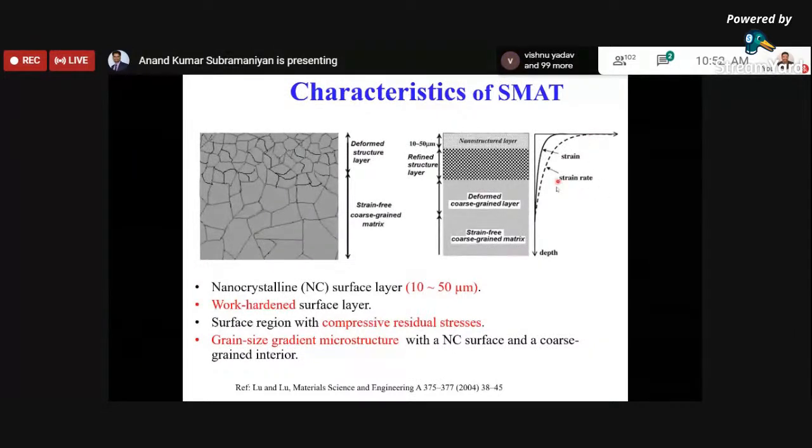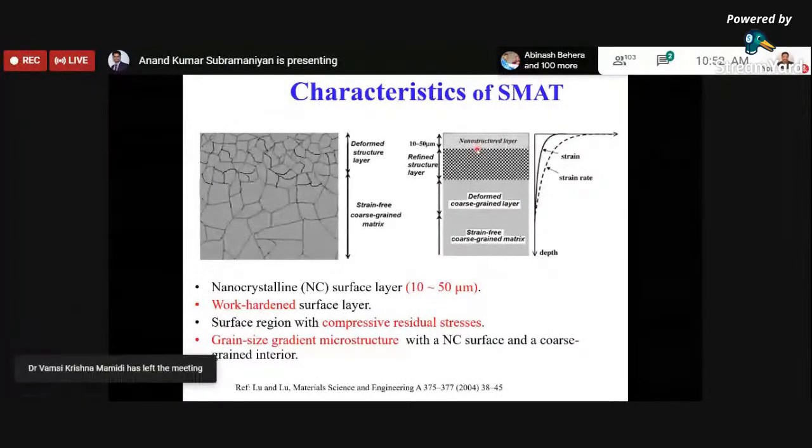The moment the strain rate is high, it will generate a large amount of plastic strain in a given point of time, instantaneously, right? So that is also one of the key reasons why this kind of nanocrystallite formation gets developed onto this sample.